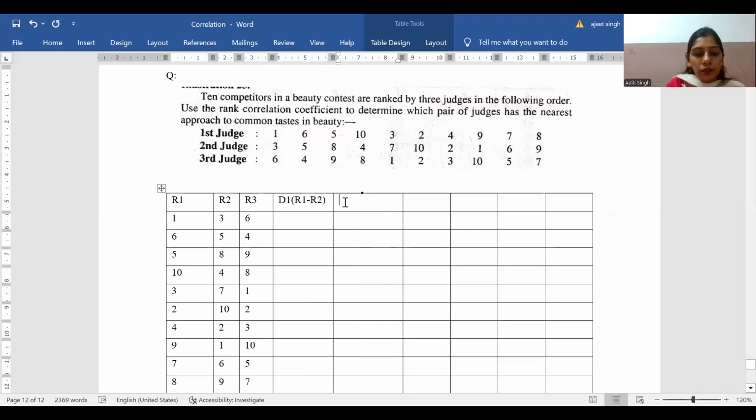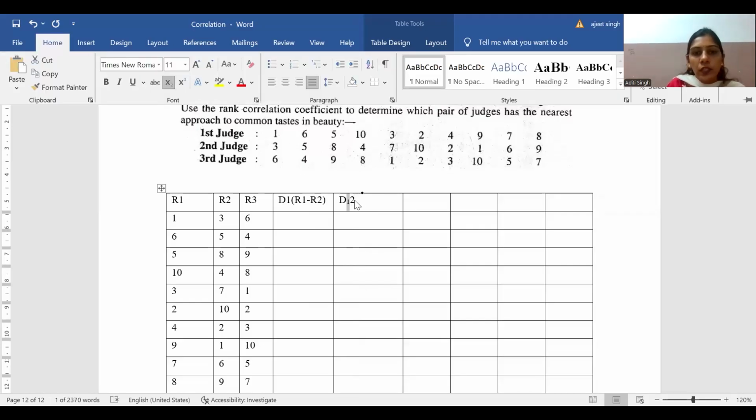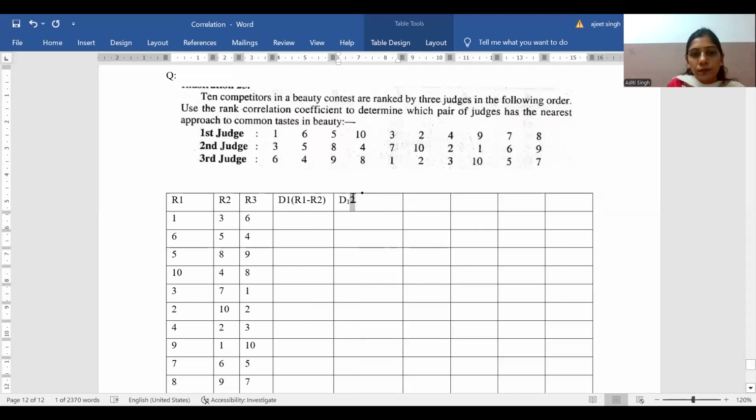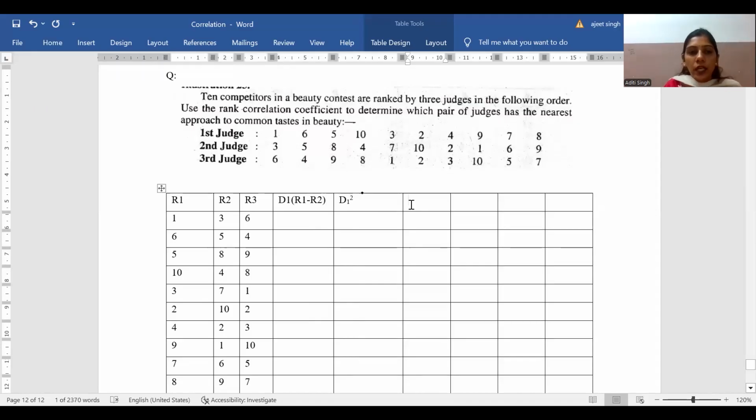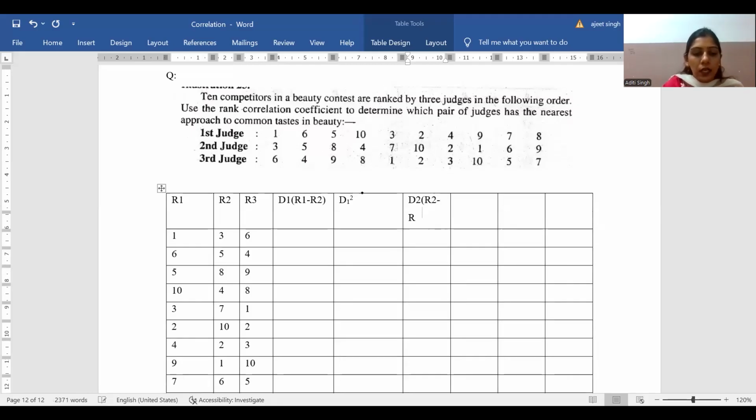For D1, we also have to calculate the square of D1, D1 square, as we have to put the value in the formula. Now D2 is the difference between R2 minus R3, and we write D2 whole square.